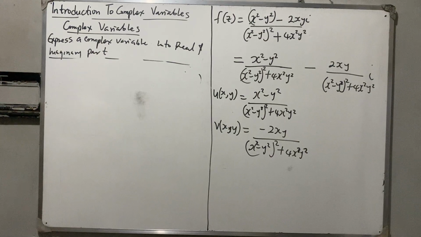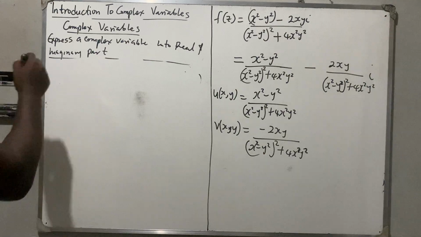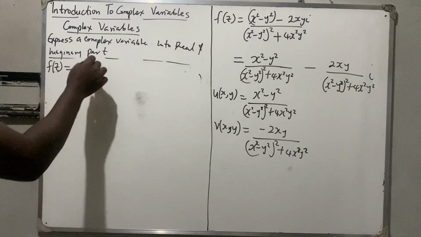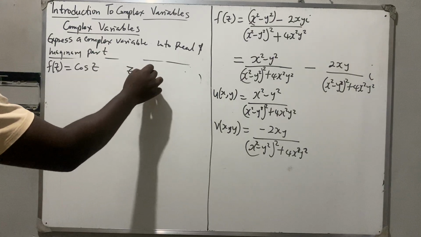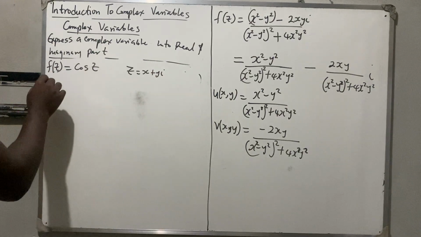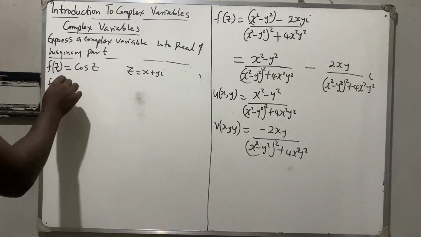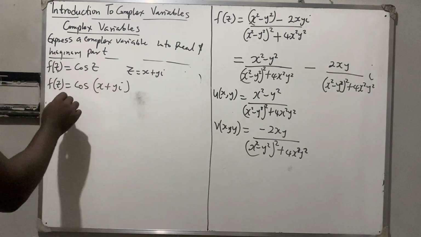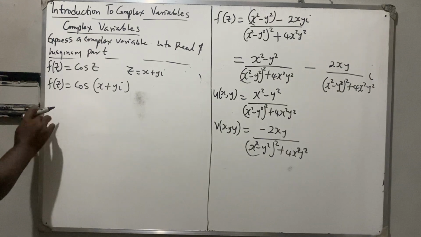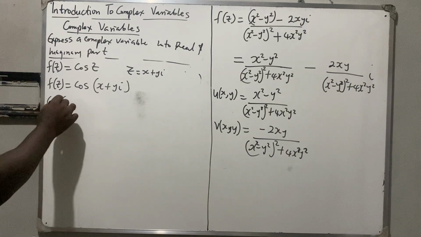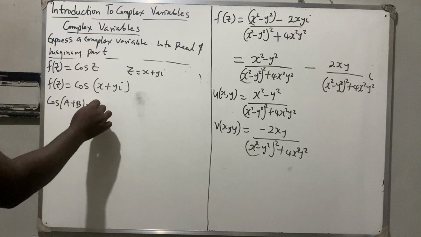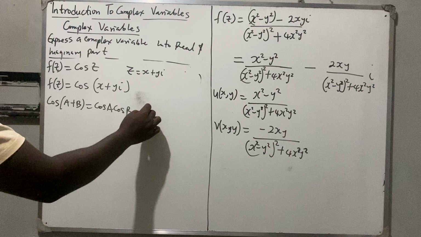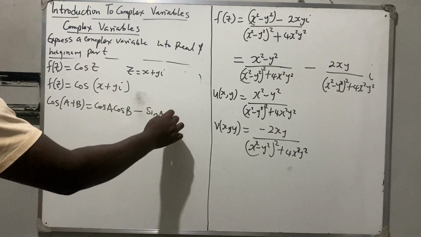Okay, so the last question says that f of z is equal to what? Cos z. So don't forget that your z is equal to x plus yi. So if you put it here, you now have that f of z is equal to cos of x plus yi. So if you open the bracket according to the cosine rule, cos of a plus b is equal to cos a cos b, and if there is plus, it will be minus sine a sine b.